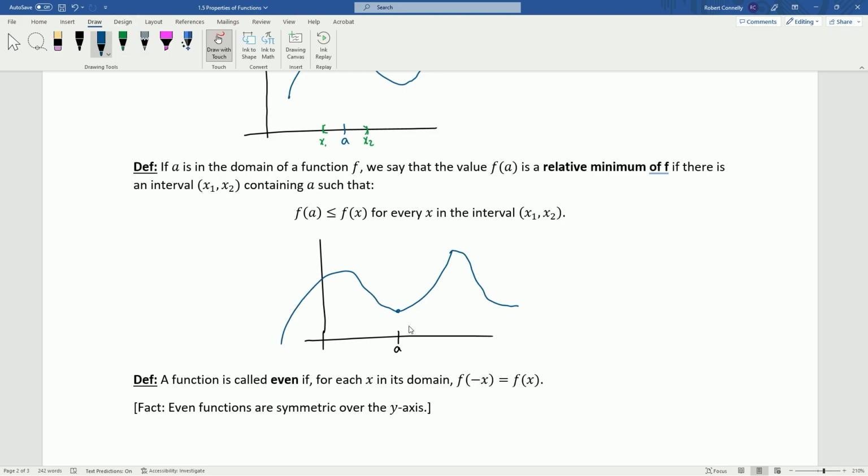Again, when we look at this relative minimum, it doesn't say that it's the lowest point on the graph. It just says that it's the lowest point somewhere near there. So if I draw a little interval around here, let's say this is x1 and this is x2, clearly this point is the lowest point on the graph between x1 and x2. That makes it a relative minimum of f.